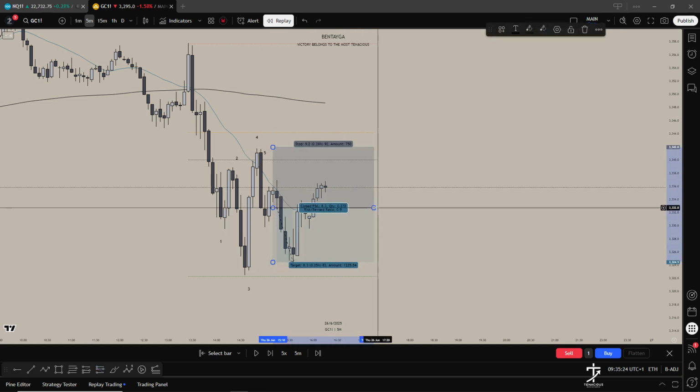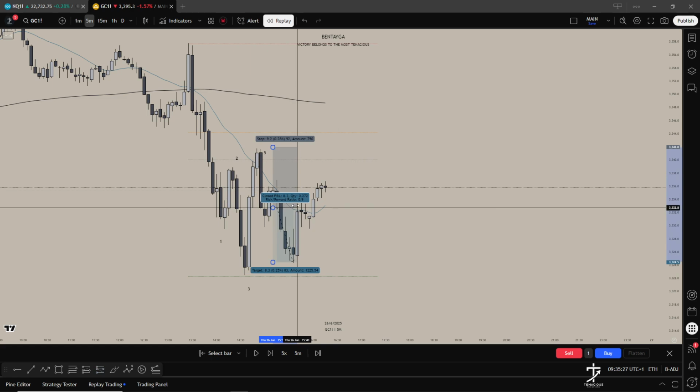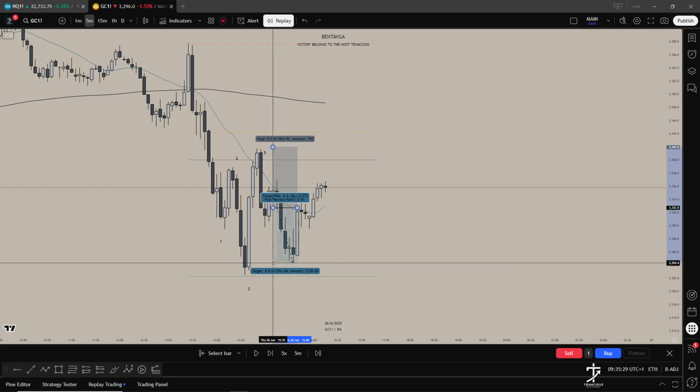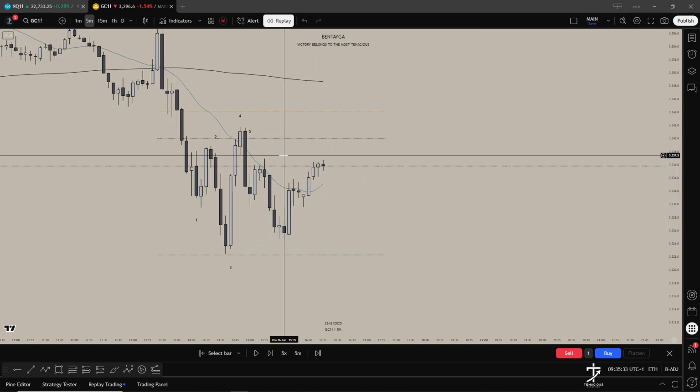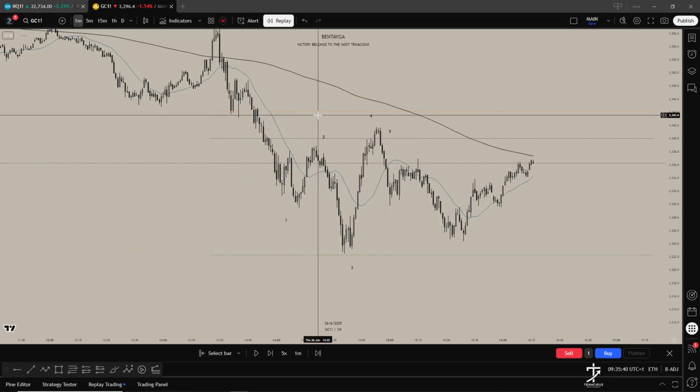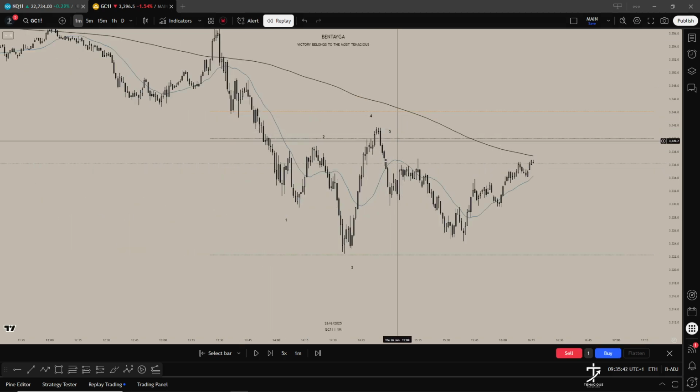Let's stop above there, and you just miss out on a one-to-one. Hence why this probably wasn't the best setup. It wasn't a good entry to potentially try to get yourself in, unless you entered off a limit from the 50%.